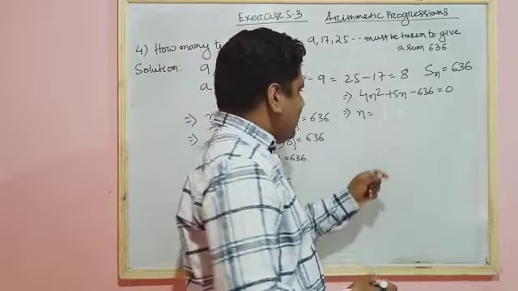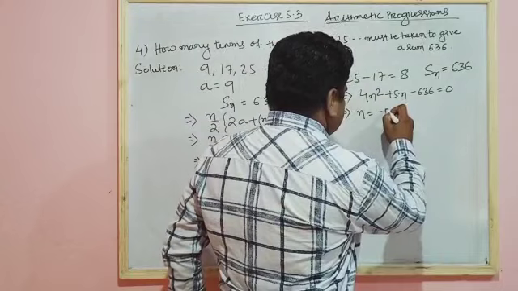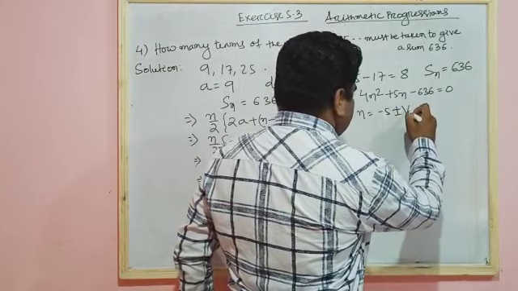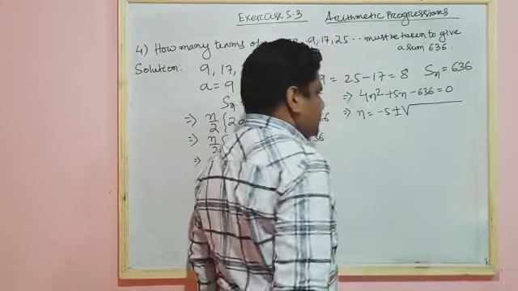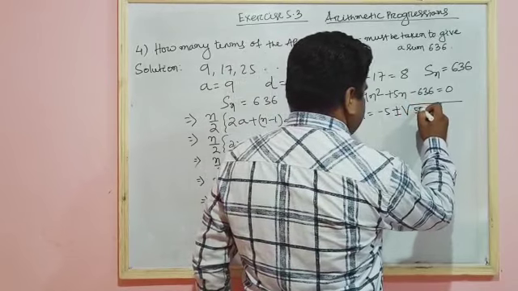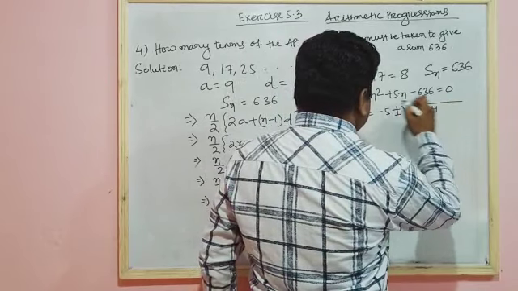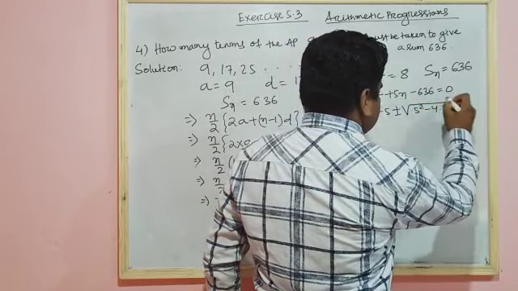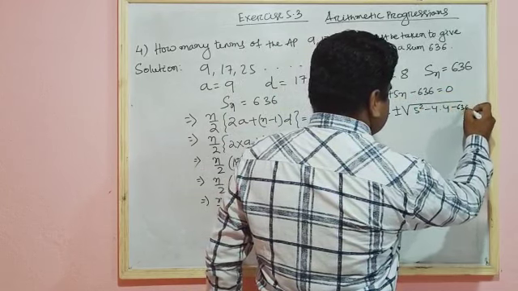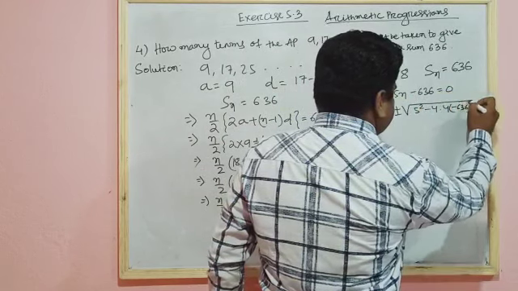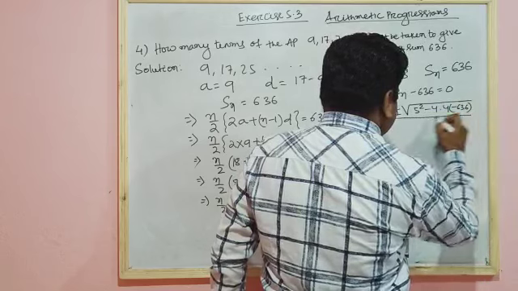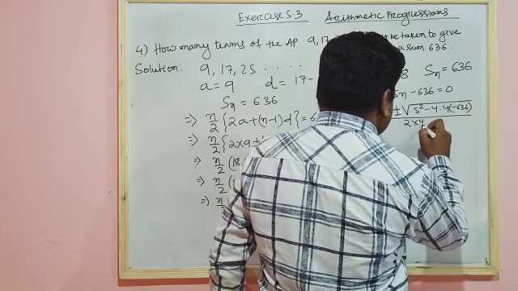Using that formula, it will be minus 5 plus minus root over of b square minus 4ac. So it will be 5 square minus 4 into c, which is minus 636, by 2a, it will be 2 into 4.